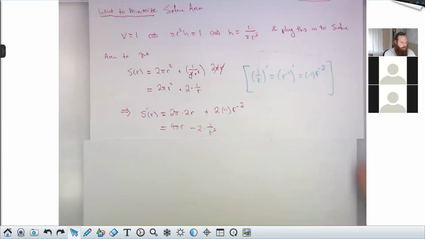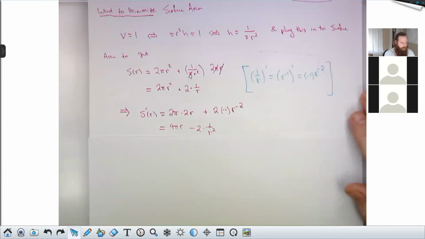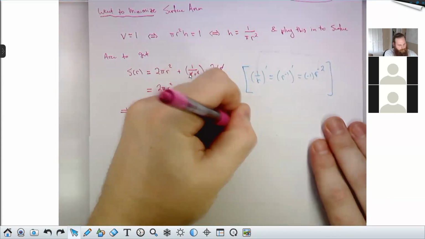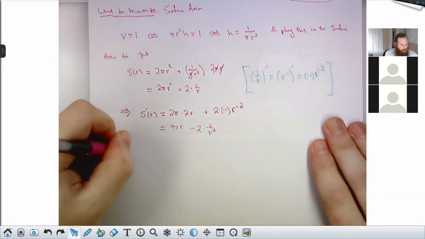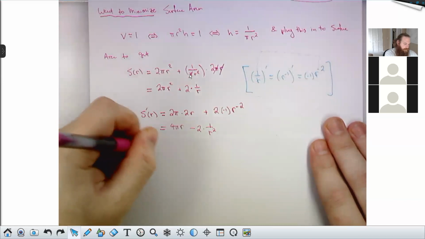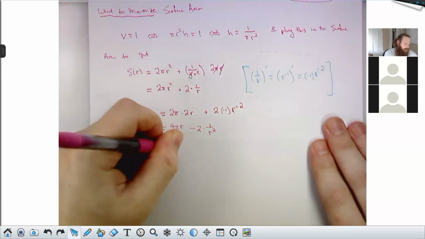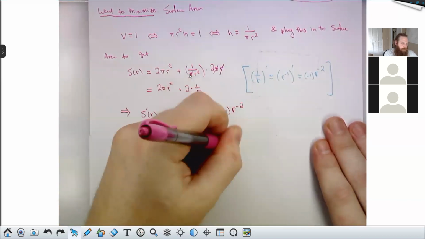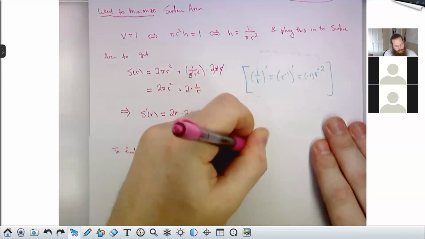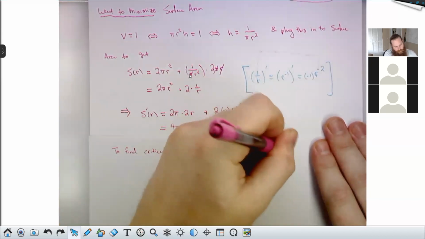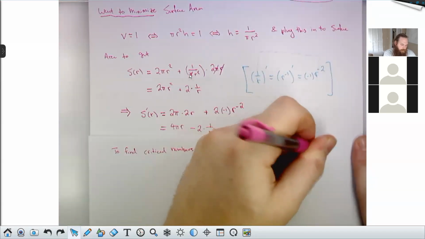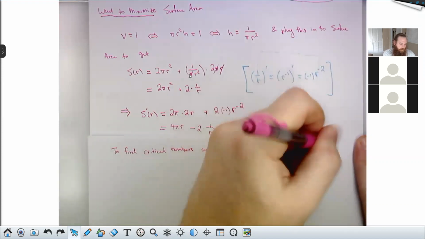So to continue from here, I need to find the critical numbers for S. I want to find the absolute min for S. So we must find where S prime of r is 0 and where S prime of r is undefined.